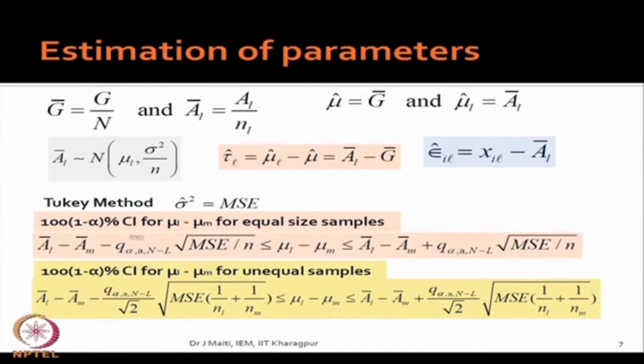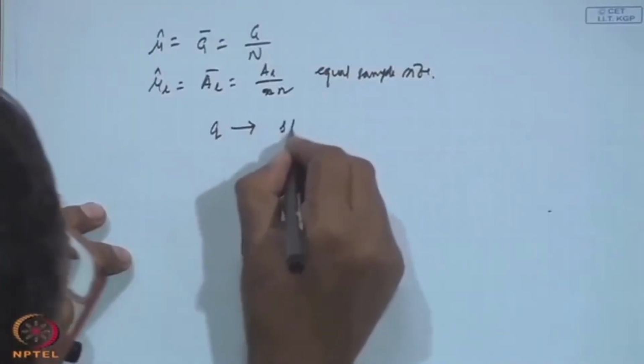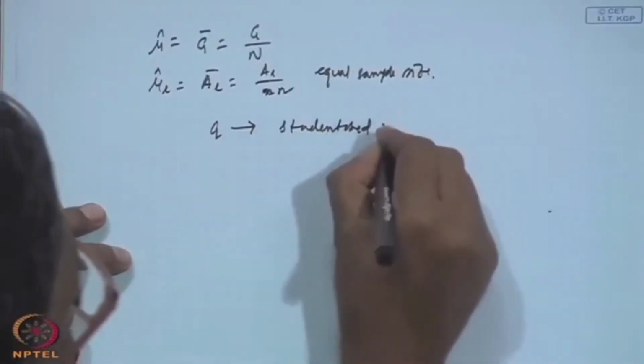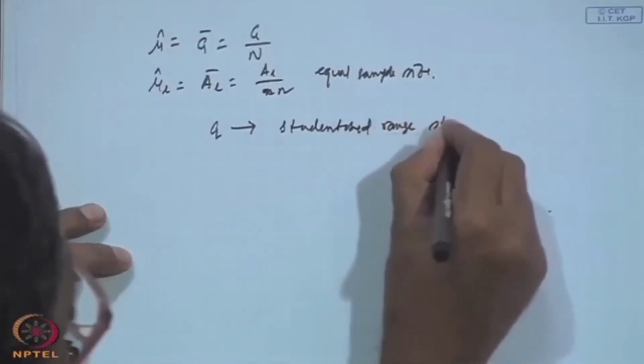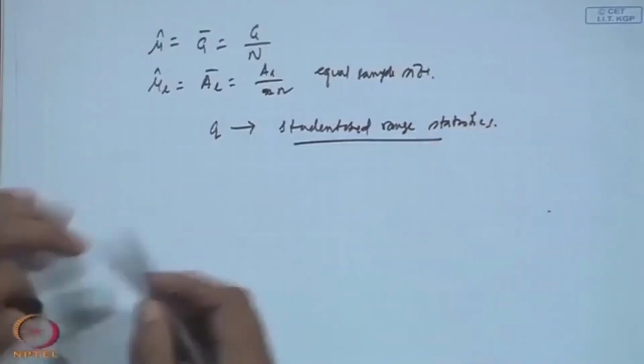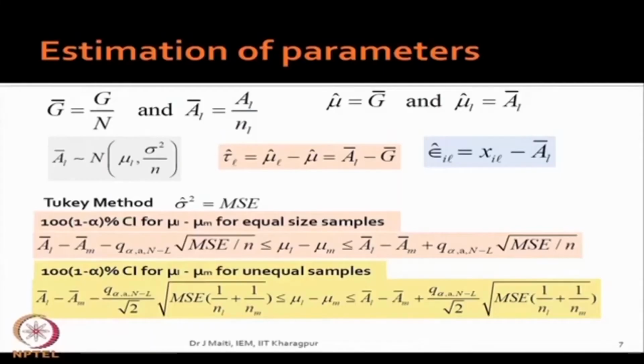Please keep in mind that here one statistic is there, Q alpha, a, n minus L, which is known as the studentized range statistic. It is similar to other statistics like Z and chi-square, but the values will be different.